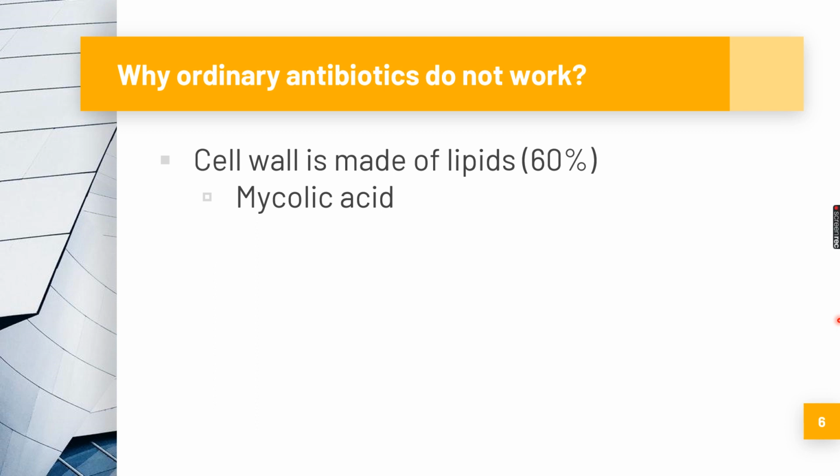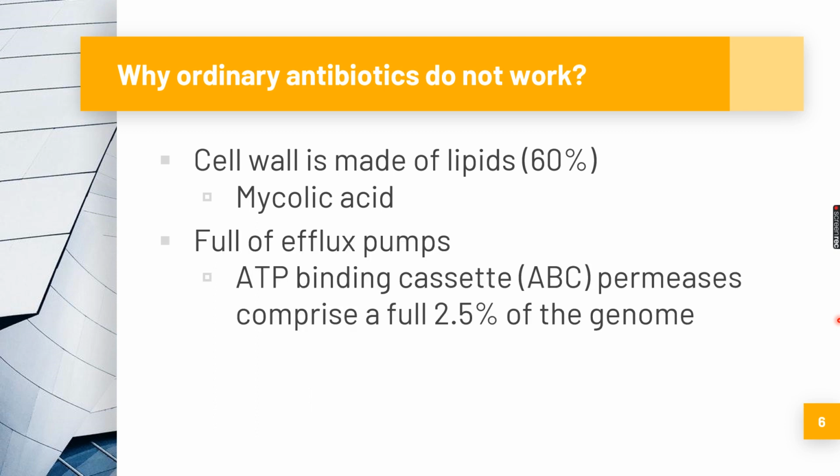First of all, the cell wall is made of a special lipid called mycolic acid, which is absent in almost every other class of bacteria. It's present only in Mycobacteria. Then the amount of efflux pumps is really high in Mycobacterium tuberculosis.